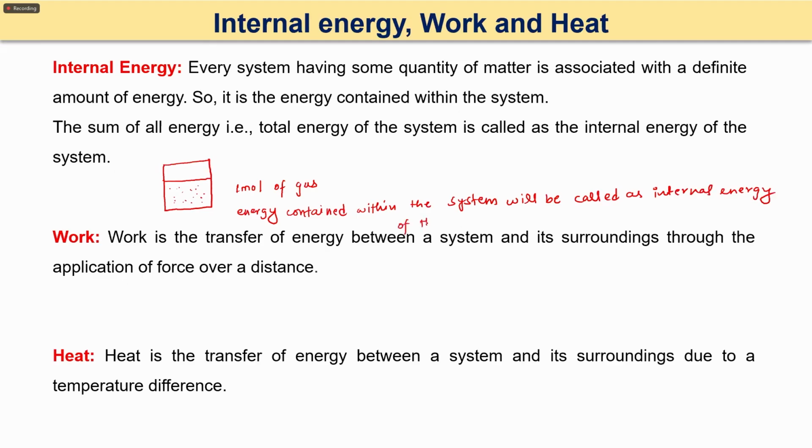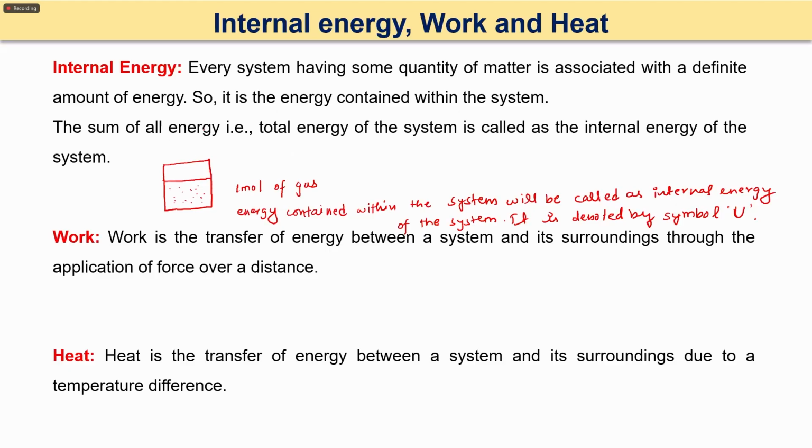Internal energy is denoted by the symbol U, capital U. It can be any form of energy. You can think of mechanical energy, electrical energy, chemical energy, any kind of energy.